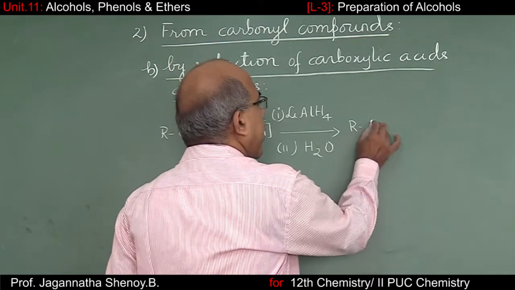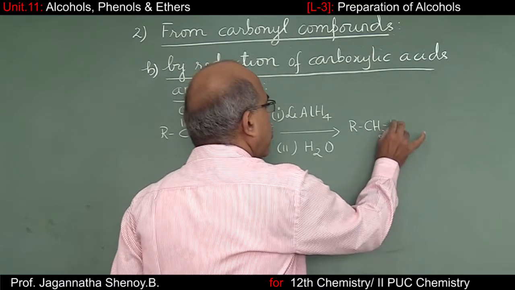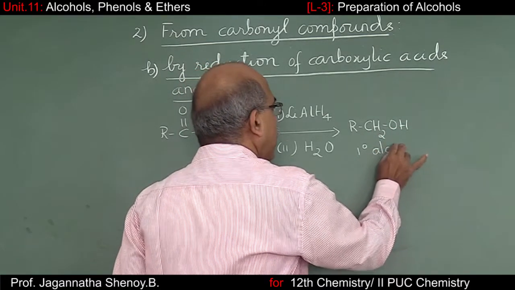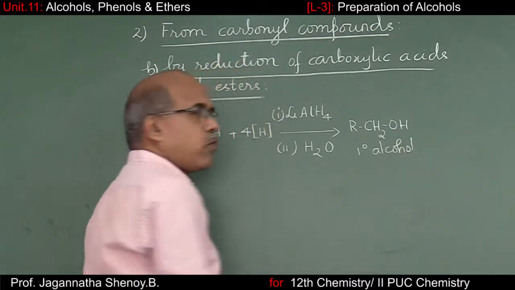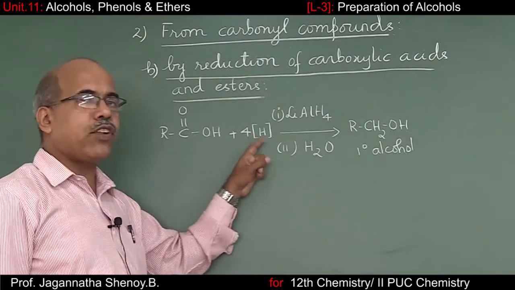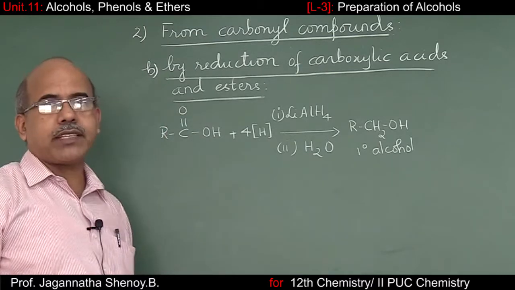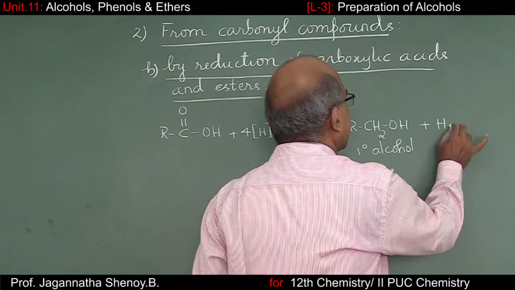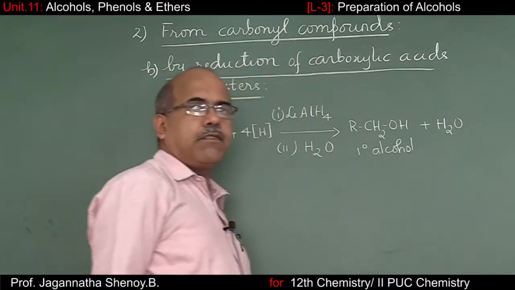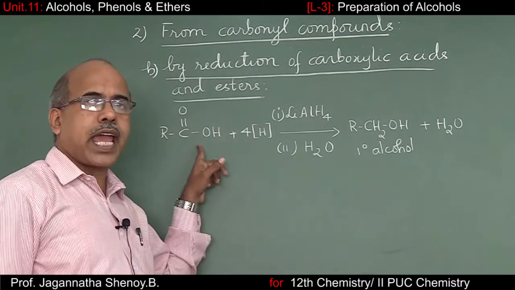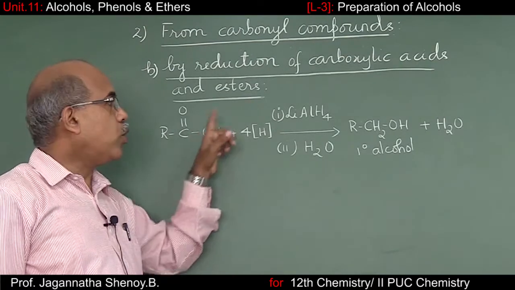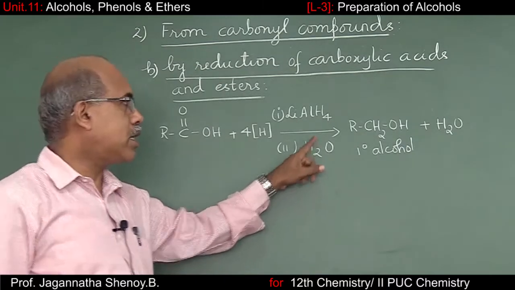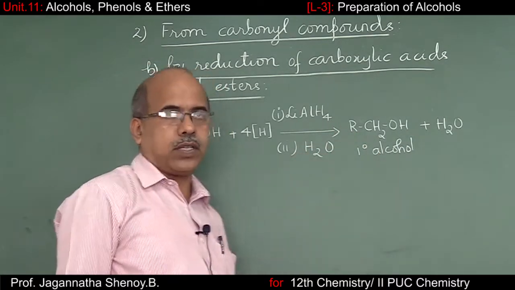So we should get RCH2OH, nothing but primary alcohol. Meanwhile, remaining 2 hydrogen atoms will combine with oxygen, forming water. In other words, when a carboxylic acid is reduced using lithium aluminum hydride followed by hydrolysis, we get primary alcohol.